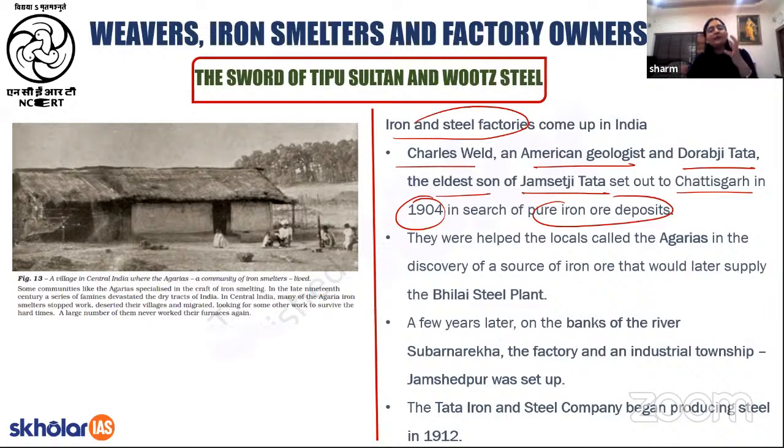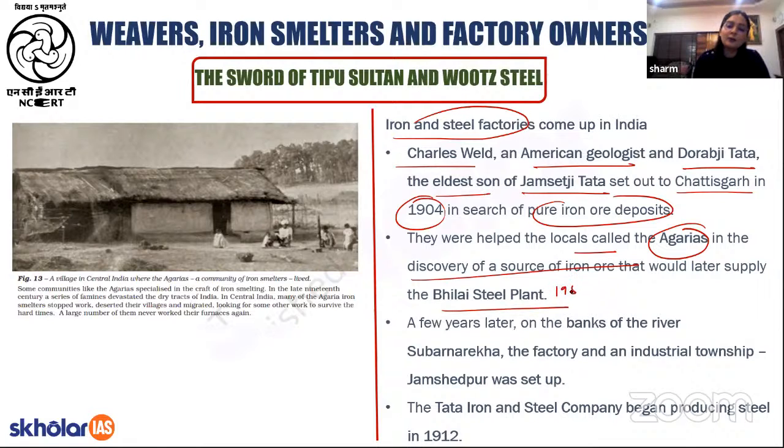And that is why the eldest son of Jamshedji Tata, that is Dorabji Tata, with his American friend, went to Chhattisgarh to find these deposits. Now, students, in this particular quest, they were helped by the locals named Agarias in the discovery of the source of iron ore, and this later became a supplying method for the Bhilai steel plant.